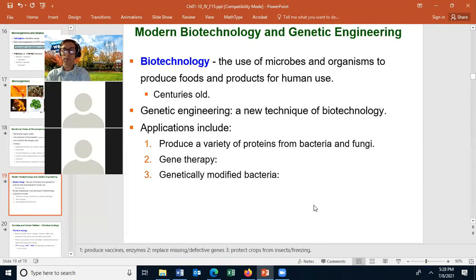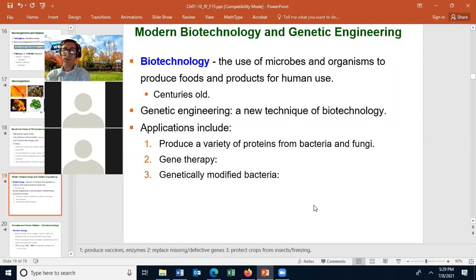As an example, we use bacteria to make vaccines and other enzymes and human insulin. We put the human gene that makes insulin from some human into a bacteria, and then the DNA makes the insulin. That's collected and purified, and then it's shipped away in a bottle, and then the diabetics use it.